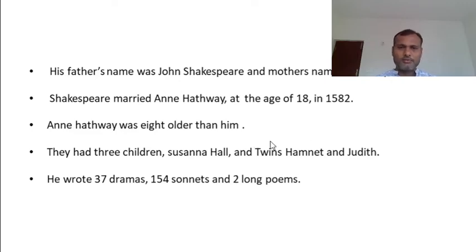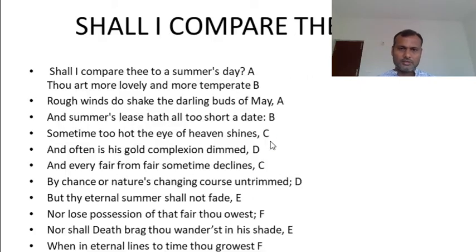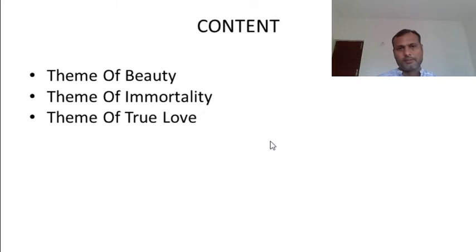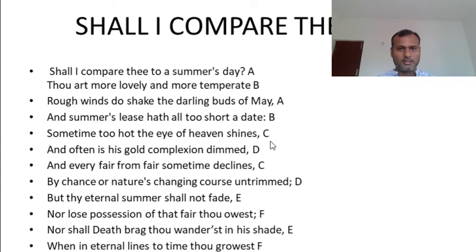And this sonnet which we are dealing with today is sonnet number 18, a very famous and popular one, written by William Shakespeare. And in this sonnet number 18, we have the theme of beauty, the theme of immortality, and the theme of true love.